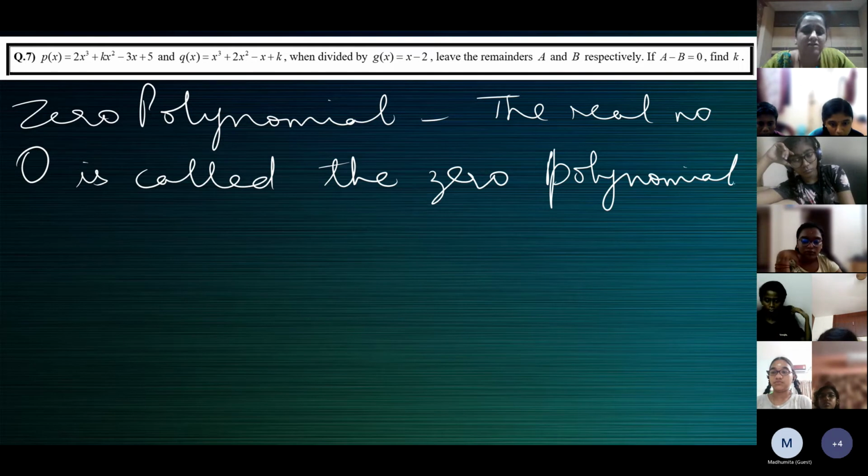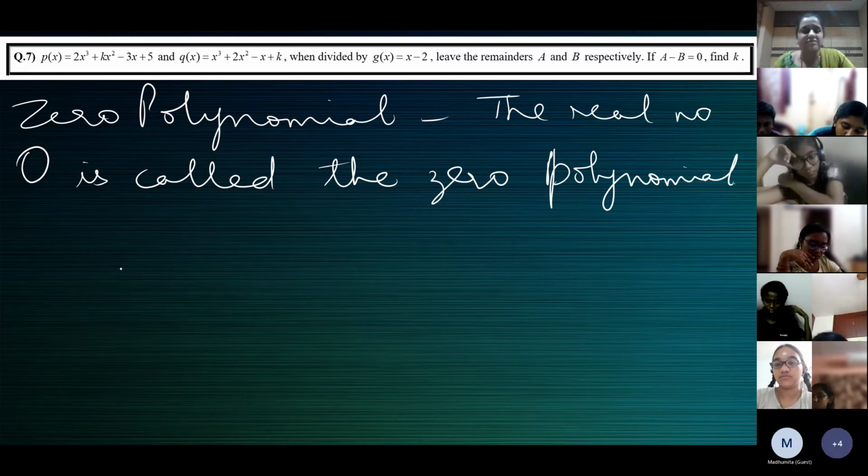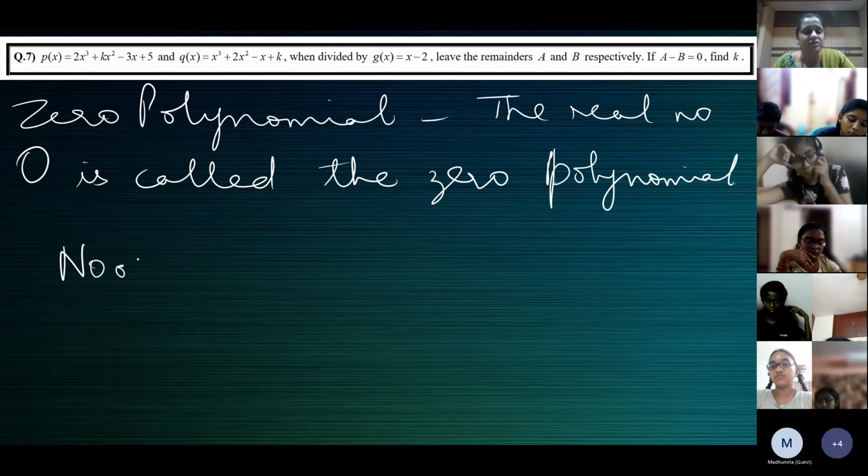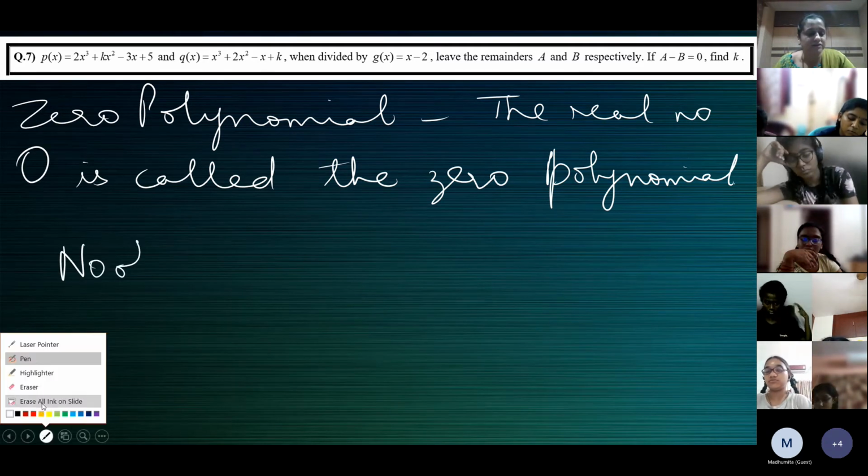Biquadratic, I forgot to write, is a polynomial of degree 4. Biquadratic polynomial is a polynomial of degree 4. Next class, remind me, children, we need to discuss about the number of zeros and the degree.